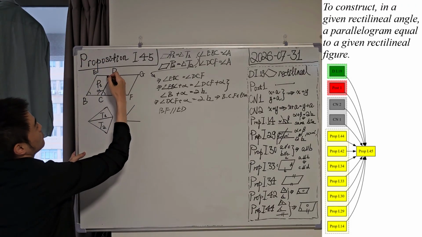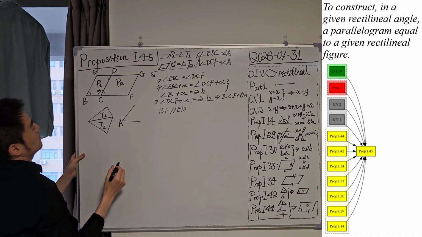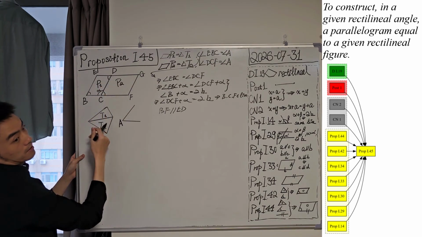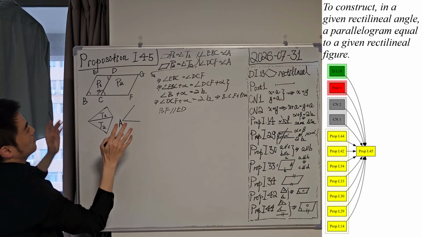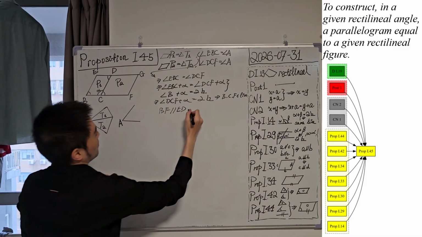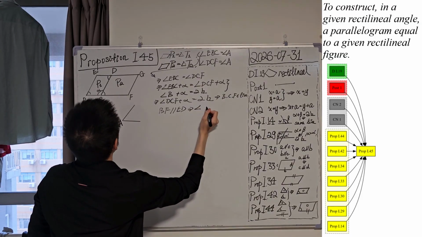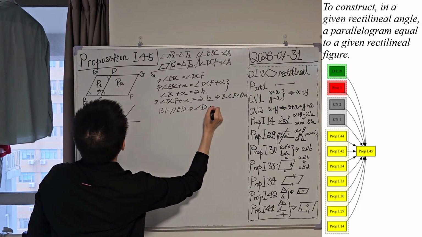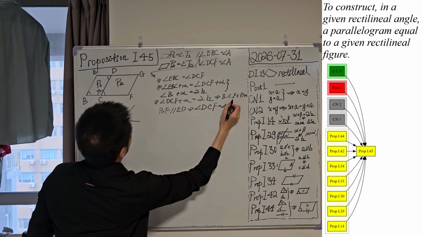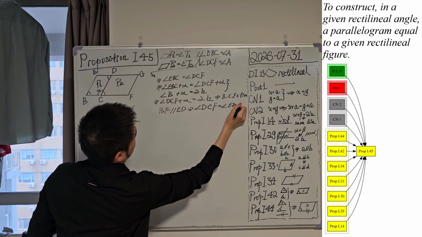And have a look at these two angles. Angle DCF and angle EDC are two alternate angles inside these two parallel lines, right? So we have angle DCF equals angle EDC, right?